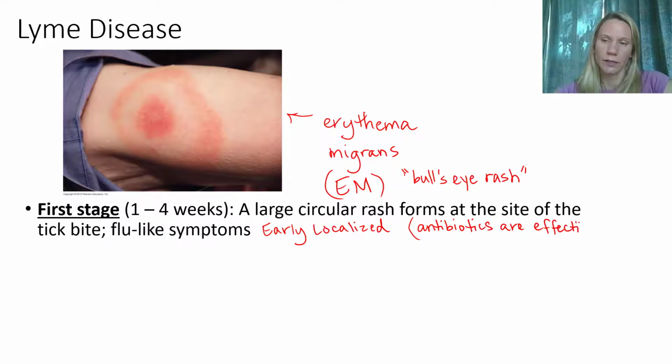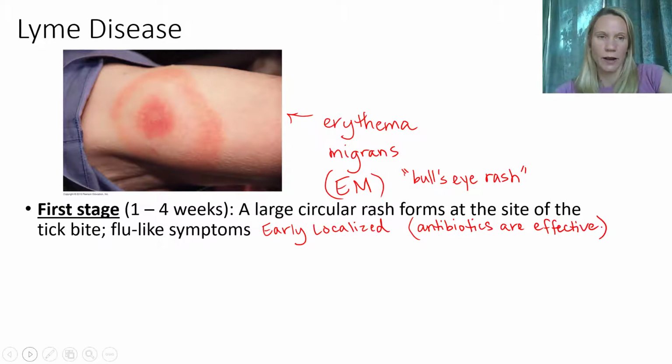It's early localized because, usually right around that tick bite, bacteria have entered the blood. There's a localized inflammatory response in this very characteristic pattern. And anybody who presents with this particular sign of the infection would absolutely be treated with antibiotics.